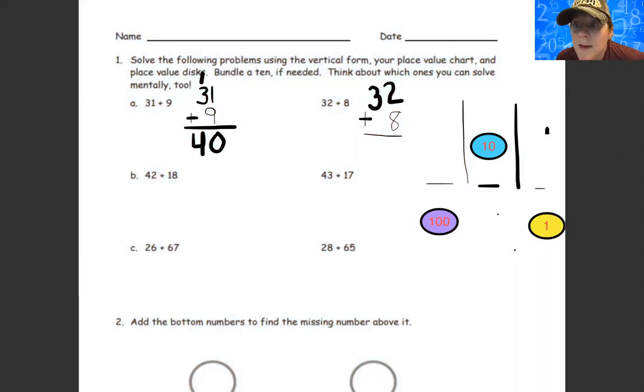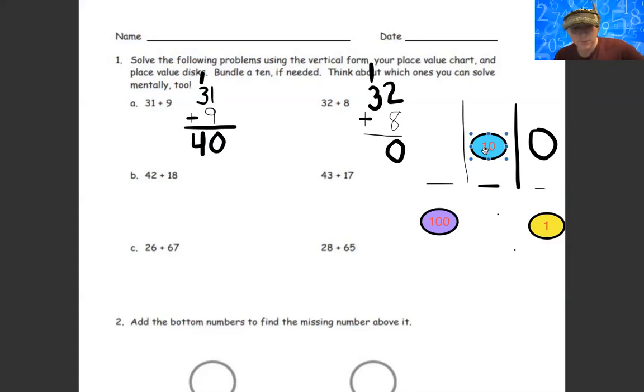Okay, so now we have 0 ones. We have no ones left in the ones column. So we have to put a 0 because we have 0 ones. Now we had a 10 that we put over in the tens column. Let's put that 1 right here. There's 1 ten that we brought over. So now we have 1 and 3 tens.